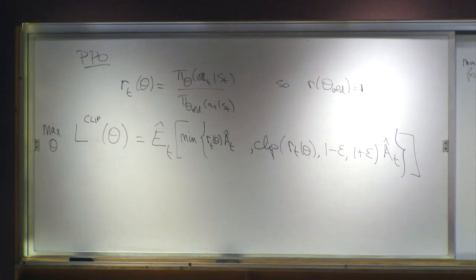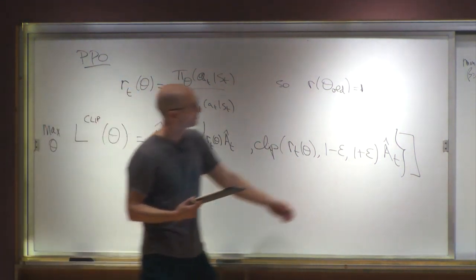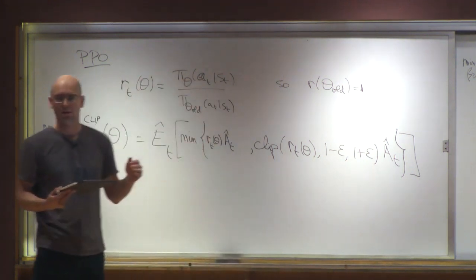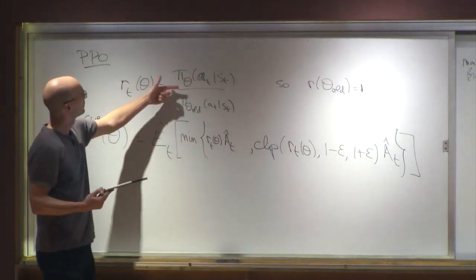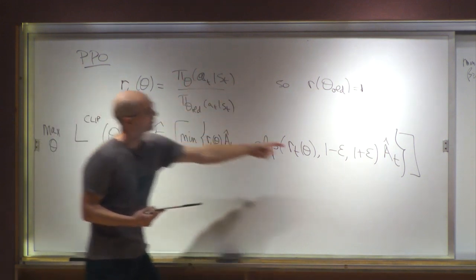In many ways, this is very complex because there's a lot of symbols there and there's a lot to parse. But from an implementation perspective, this is really, really simple. Because now all you do is you collect a bunch of rollouts. For each rollout, at every state action pair, you compute the advantage, which we know how to do. And you retain, for each state action pair, the state action pair as well as the advantage.